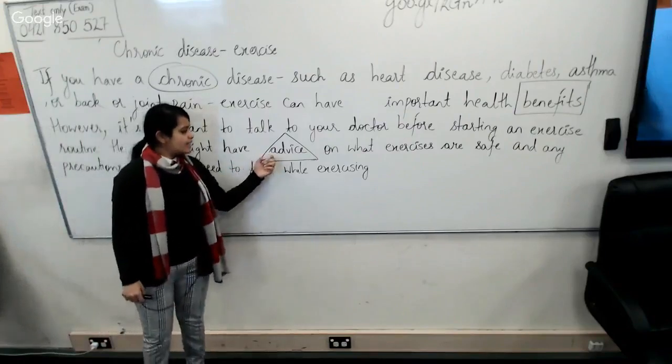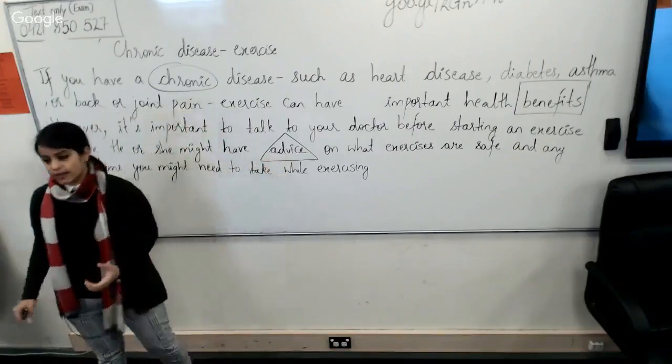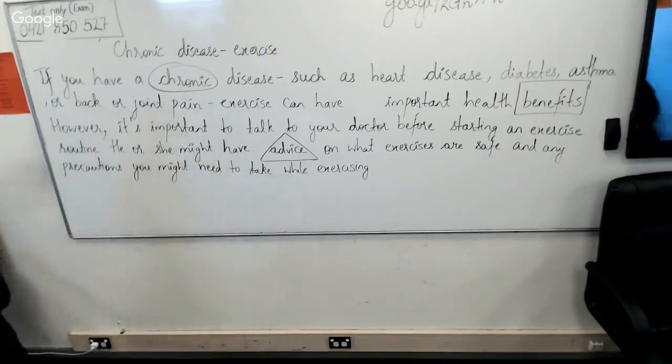When advice is with C, it's a noun. I need doctor's advice, ICE. But when we say advise with ISE, that's a verb. My lawyer advised me to do this. So ISE is verb, ICE is a noun.